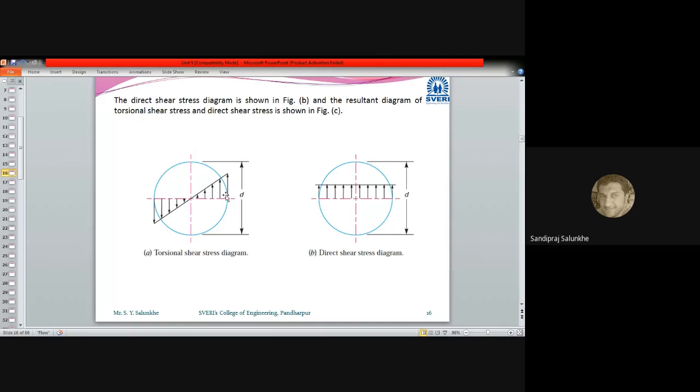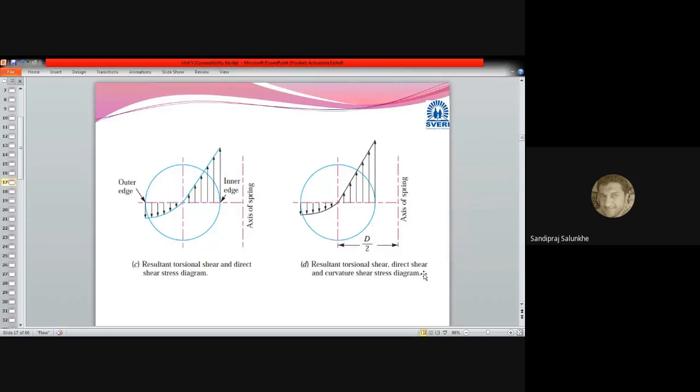And the second one is these torsional stresses. These torsional stresses are compressive on one side and tensile on the other side. So we now have to calculate torsional stresses. If we combine these together, then we get the resultant stresses, if we consider the maximum shear stress theory, or the principal stress theory.